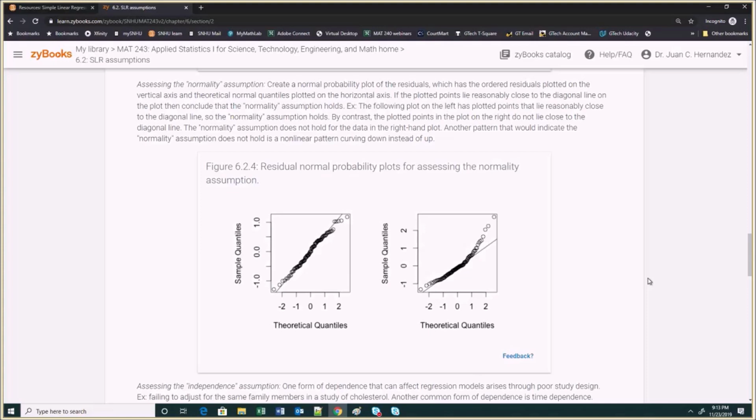However, the graph on the right shows the opposite. You see that the sample quantiles deviate from the straight line. So in this particular case, the normal distribution is not being followed.